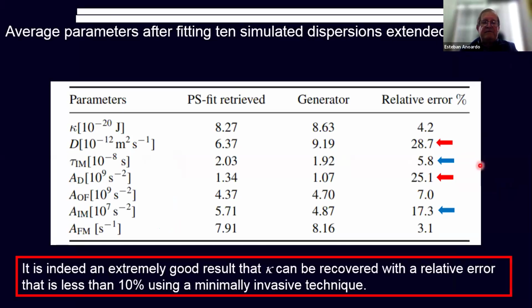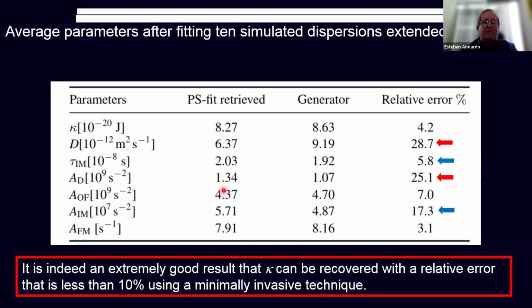This comes from a coupling between D and the other parameter, because both belong to the diffusional term. And even if we extend the frequency range, we decouple much more than if we measure up to 30 kilohertz, but still there is a persistence of the coupling.